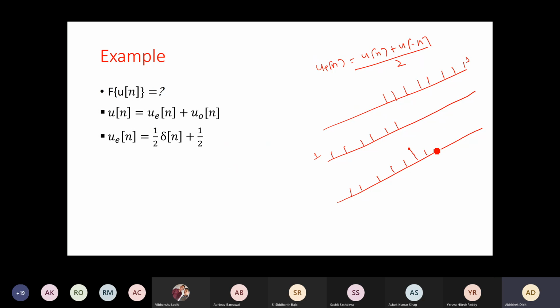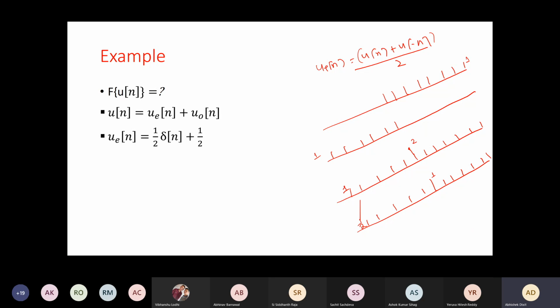I will get 1 here and 2 here, right? If I add this, and then divide by 2, I will get half everywhere and 1 here.